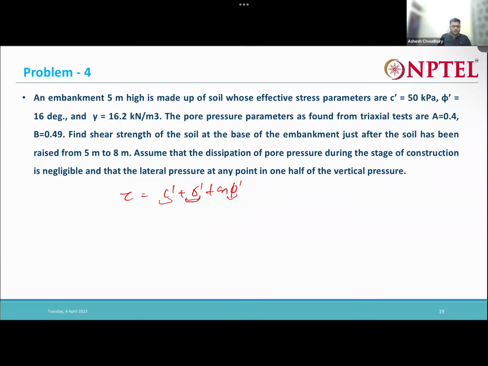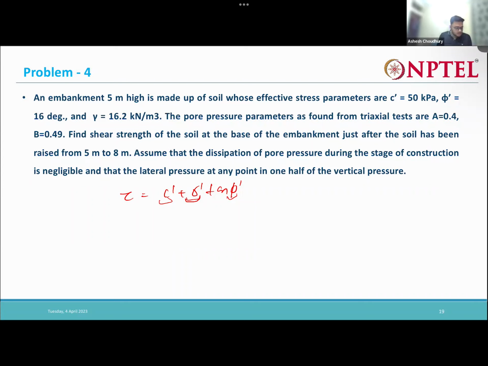Now, how can we calculate the sigma dash value? In order to calculate the sigma dash, this effective normal stress, we actually first need to calculate the pore water pressure. So we need to calculate the pore water pressure that gets developed during the construction. That increasing pore water pressure we need to find out to calculate this effective stress.